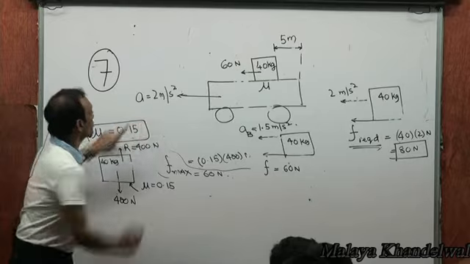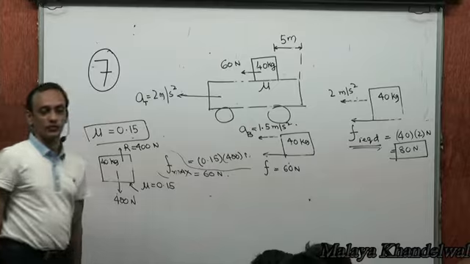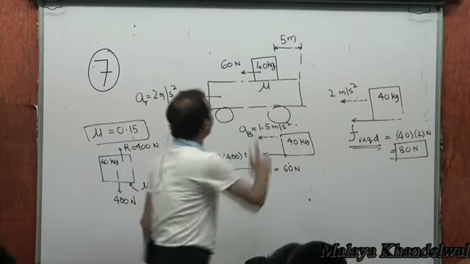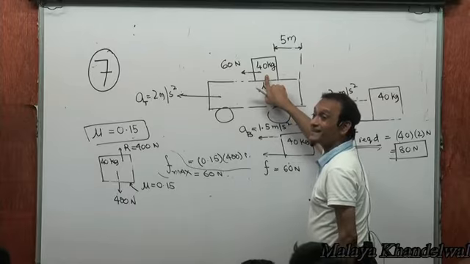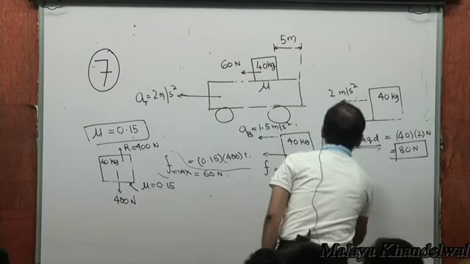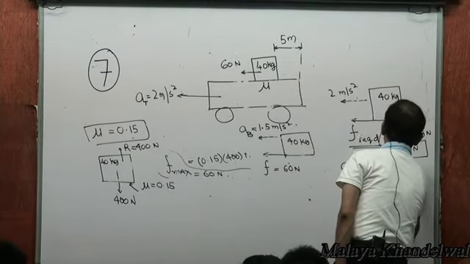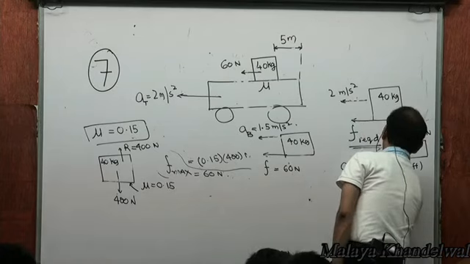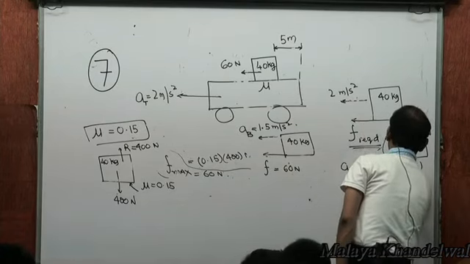I know the acceleration of the truck. The truck is 2 meters per second squared. That means very clearly the block has a lesser acceleration than the truck. Acceleration of the block is 1.5 meters per second squared leftwards. Acceleration of the truck is 2 meters per second squared leftwards.